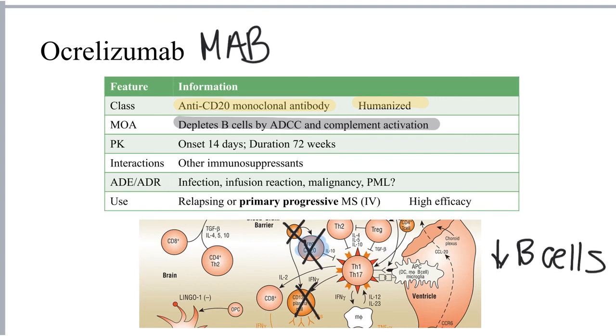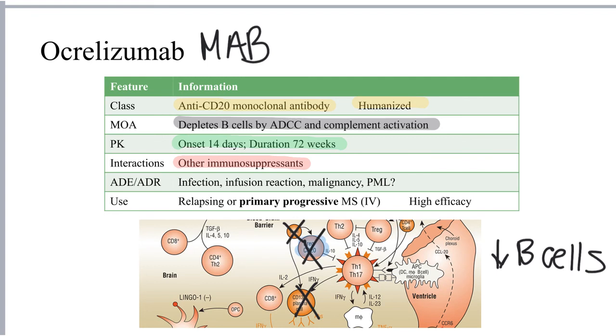Ocrelizumab has some interesting pharmacokinetics. Its onset of action is about 14 days, and its duration is on the order of 72 weeks. Again, like other monoclonal antibodies, ocrelizumab is immunosuppressing and therefore should be avoided with other immunosuppressants.